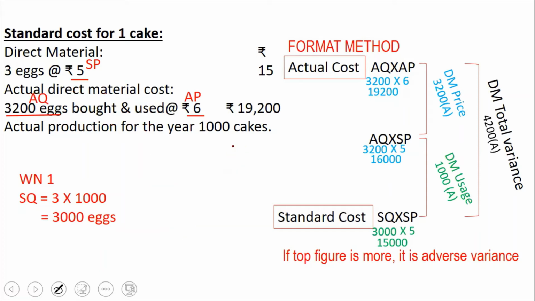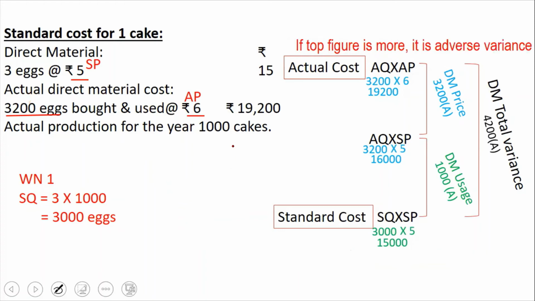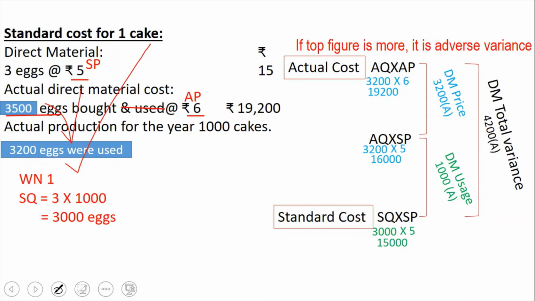Now, suppose the purchase manager had purchased 3,500 eggs, and the quantity that was used by the production manager was only 3,200 eggs, which means that we have a stock of 300 eggs with us.